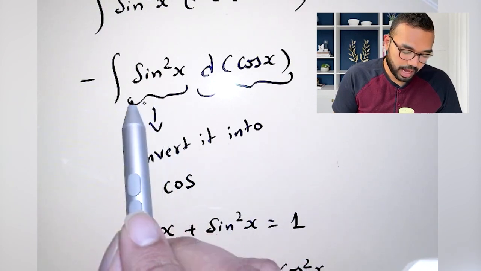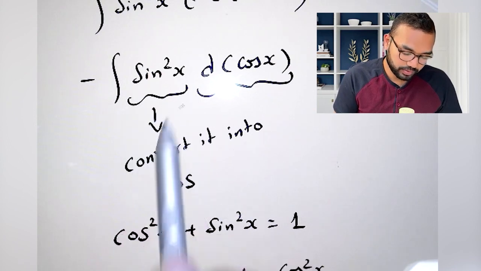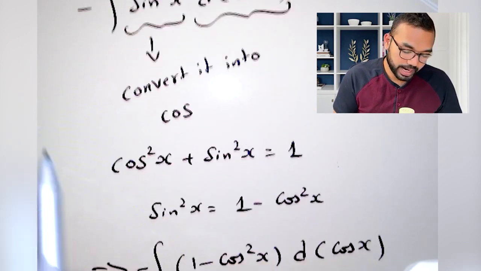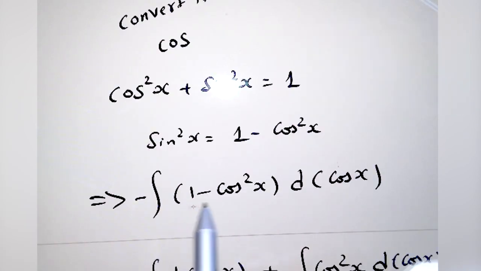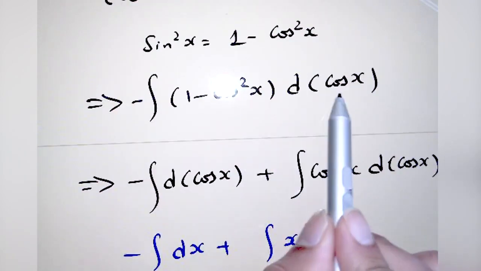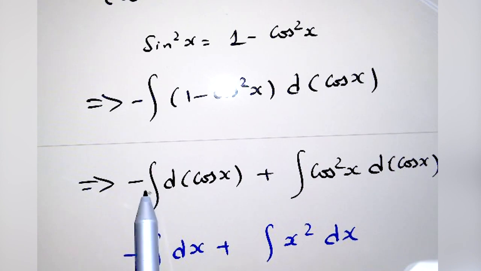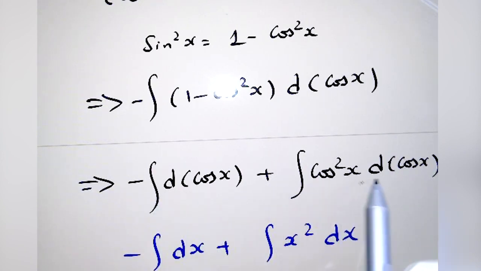The next step, I converted this sine square x in terms of cos using the trigonometric identity. So I have written 1 minus cos square x for sine square x and distributed the differential d of cos x: minus integral d of cos x plus integral cos square x d of cos x.